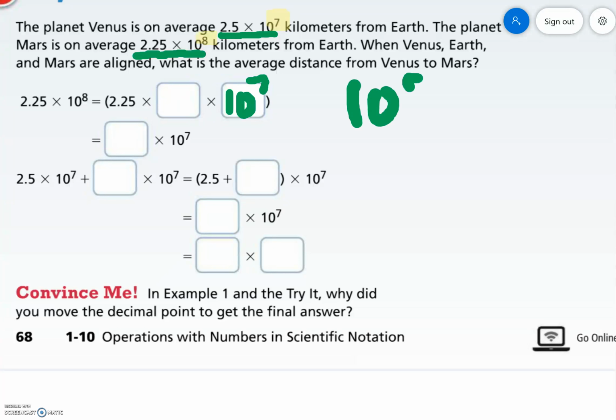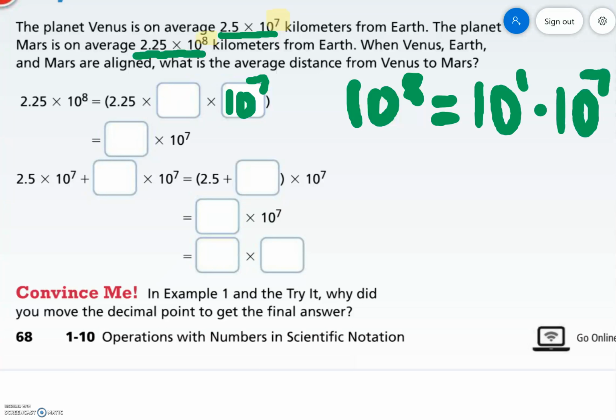Well, 10 to the 8th is equal to 10 to the 1st times 10 to the 7th. So remember, you add the exponents when multiplying. Keep the base, add the exponents. So we're going to put 10 to the 1st power here, which is 2.25 times 10 to the 1st power. 10 is just 1, so you're just going to move the decimal point 1, so we get 22.5.